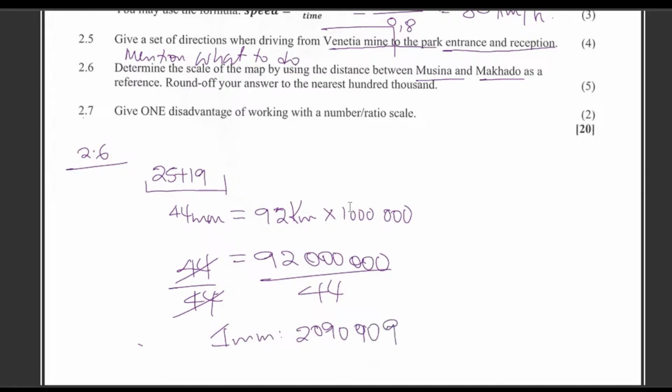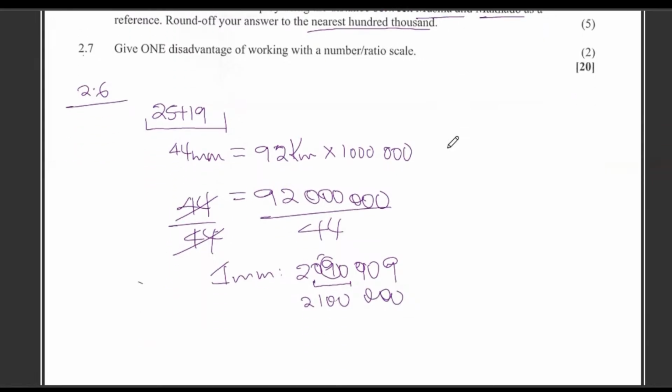But the question says to the nearest 100,000, so the answer here became 2,100,000. Our ratio or our scale will become 1:2,100,000.